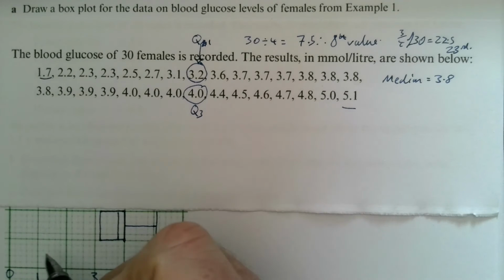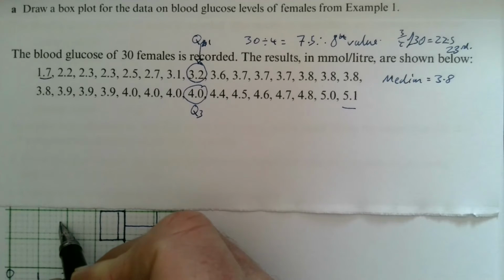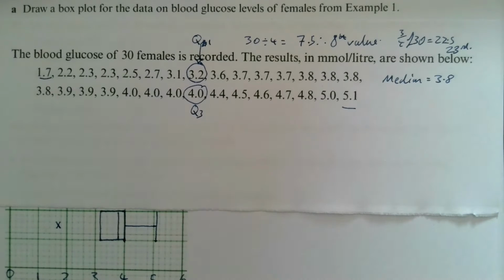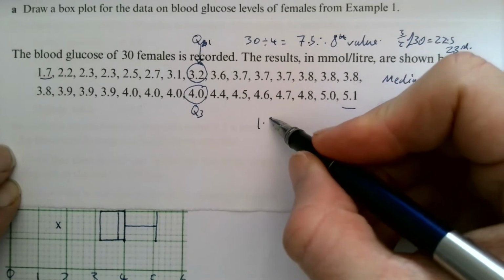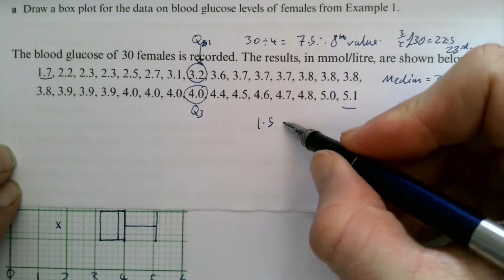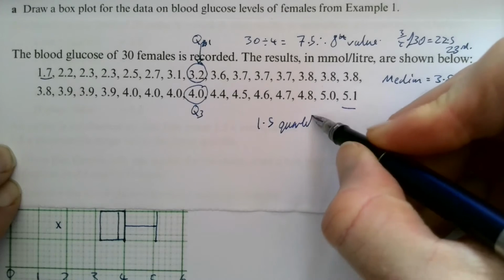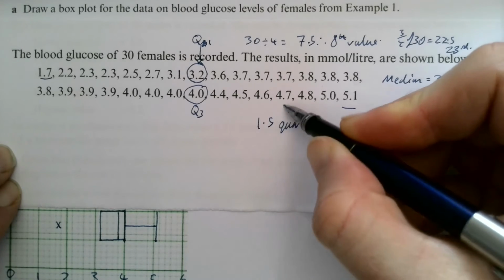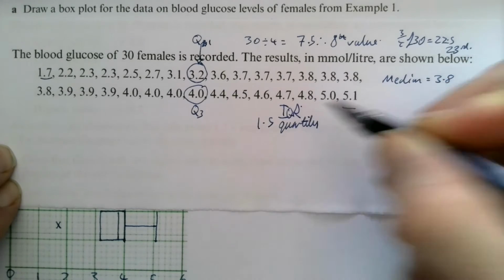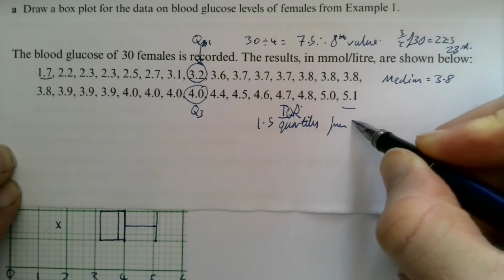Now this was an outlier, so that's going to be registered as a cross. 0.2, 0.4, 0.6, 0.7, so I'll put a cross just there. And if we remember, it was 1.5 interquartile ranges, IQRs, from the quartile, wasn't it?